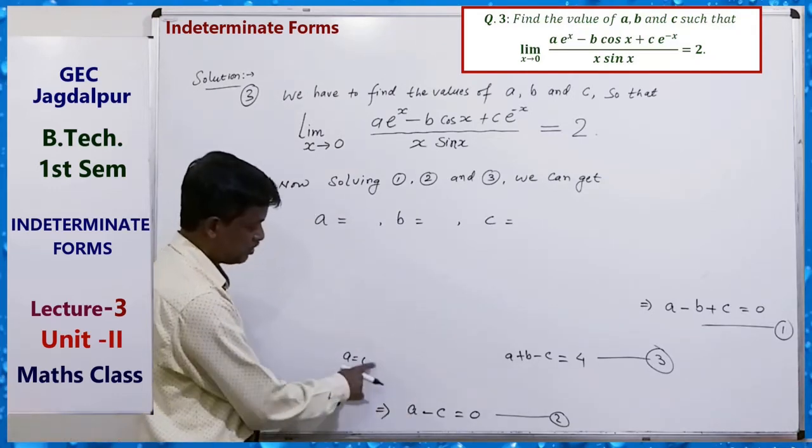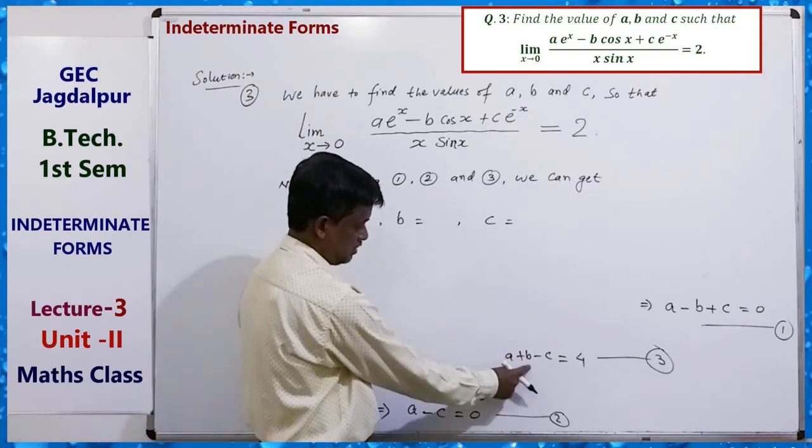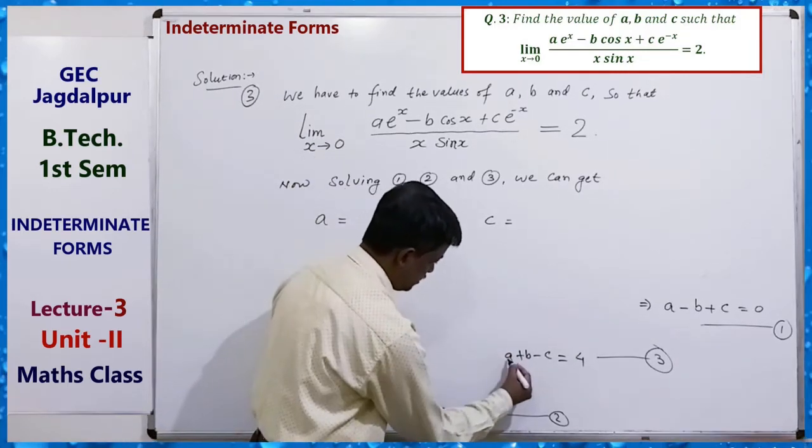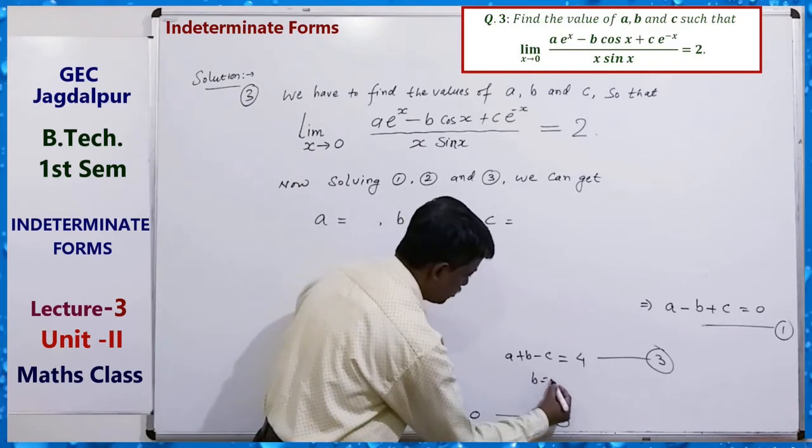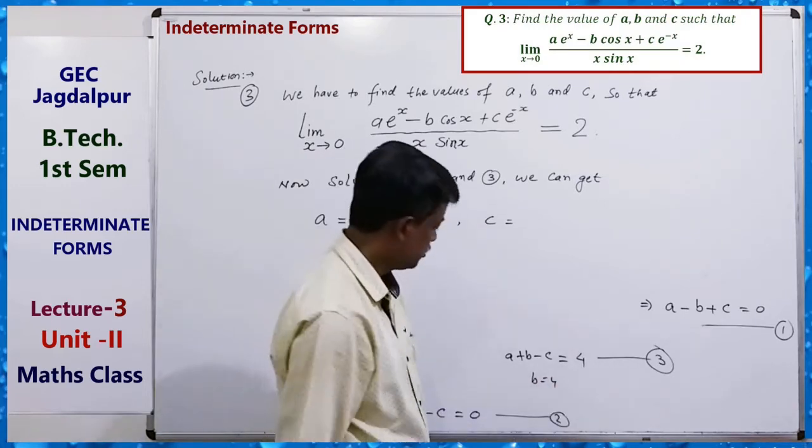Just put a equals to c here. a equals c, c cancel. b equals to 4.